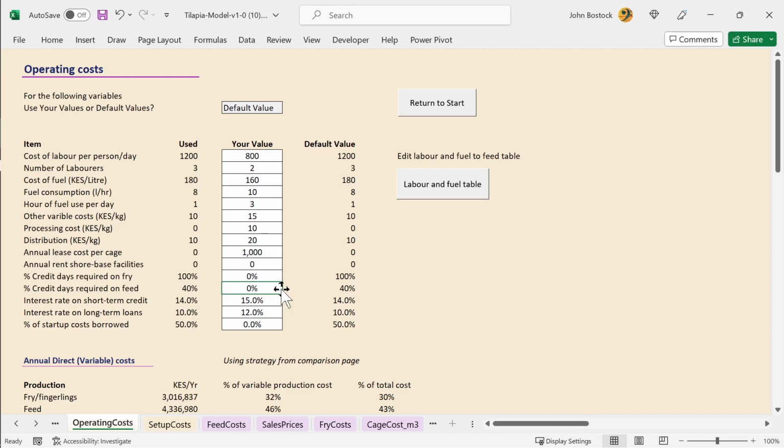If you have access to previous data for a single batch of fish, look at the date of each feed purchase and calculate the interest payable based on the following formula.